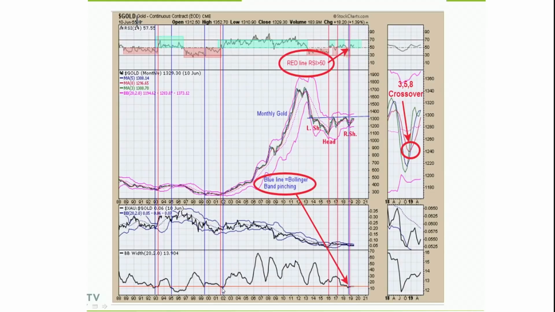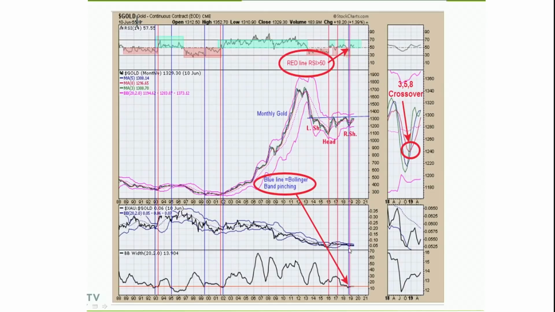And obviously, in 2001, Bollinger Bands got narrow again, and that started the multi-year rally that went from around 250 to around 1700, or actually a little bit higher because this is a line chart, but it actually got up close to 1900.